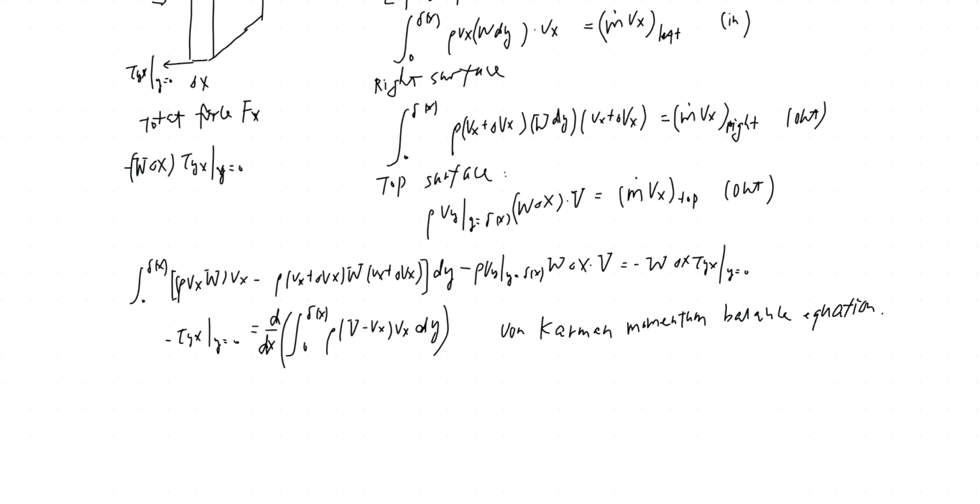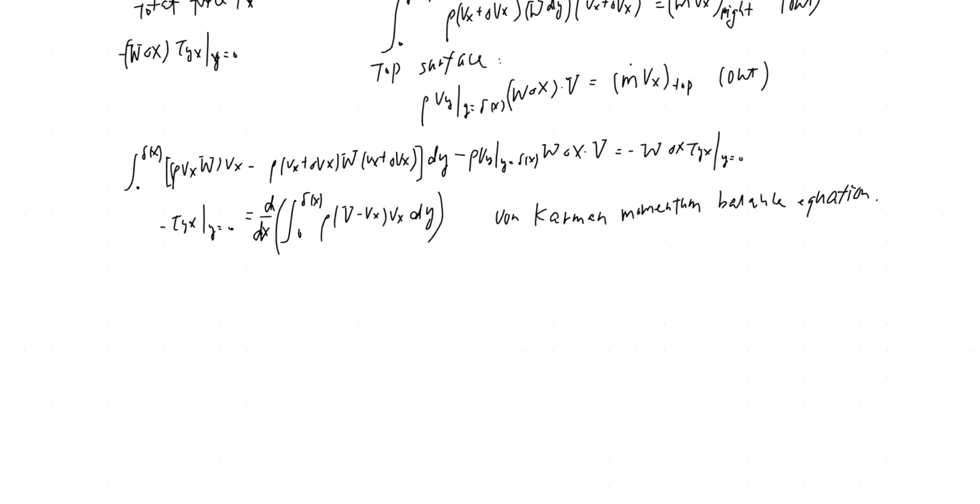Now let's suppose we have Newtonian flow. With Newtonian, we need a linear fluid, which would be the assumption here. We have tau yx equals mu multiplied by partial Vx partial y.